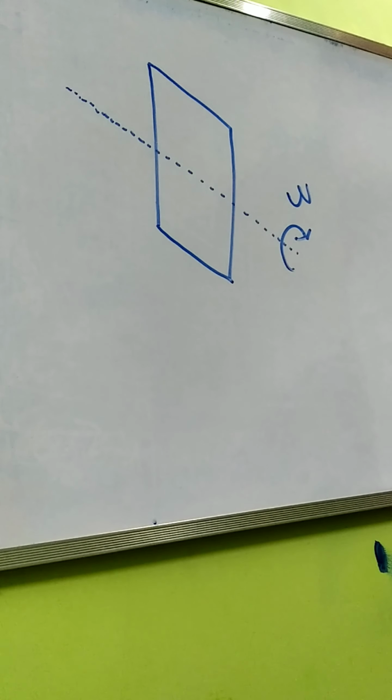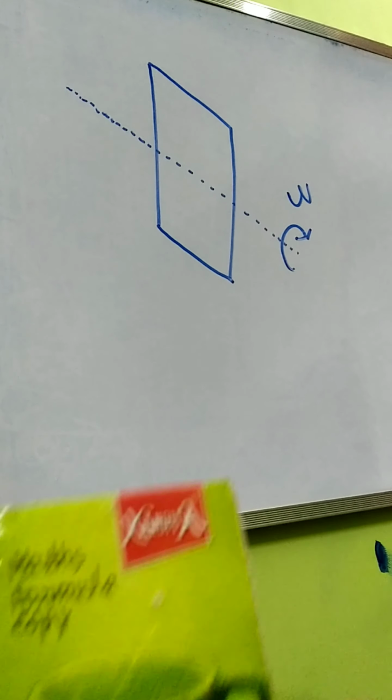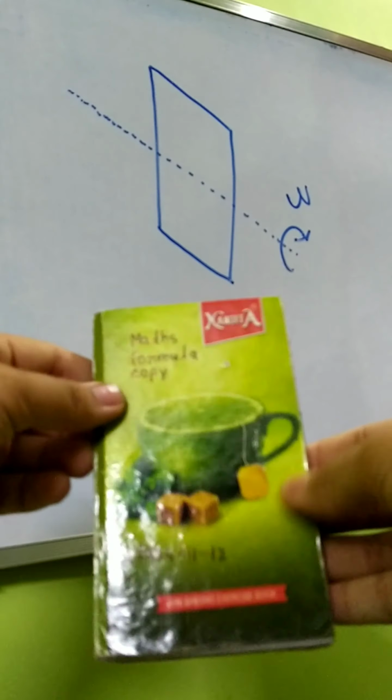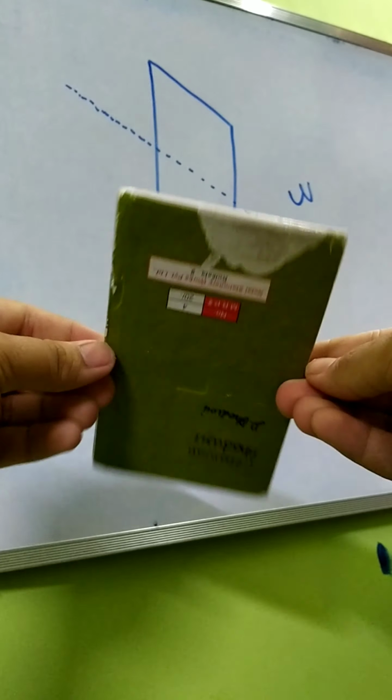Now let's take 3 points. Well, before that, let me show you what I am actually speaking about. So this is the diary. It is just rotating like this.